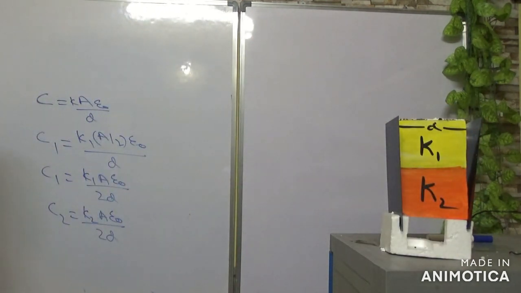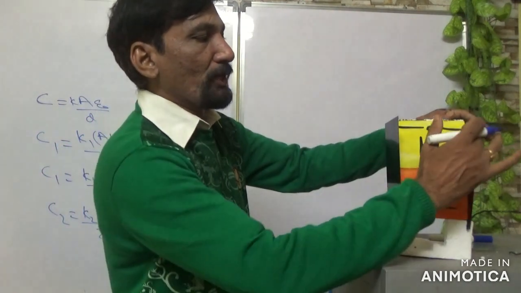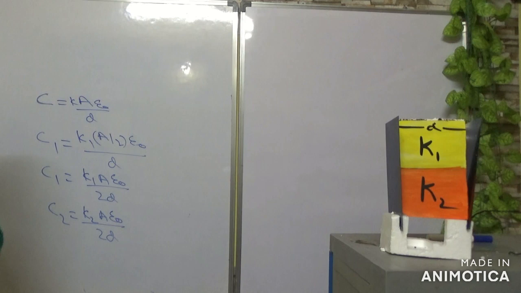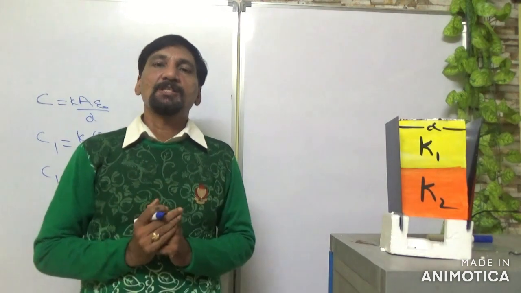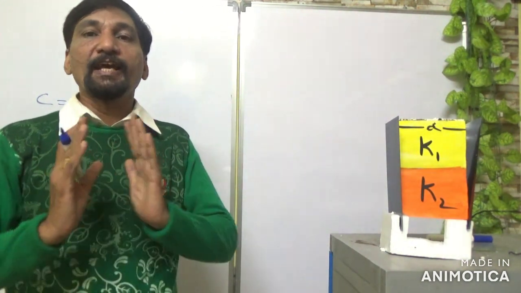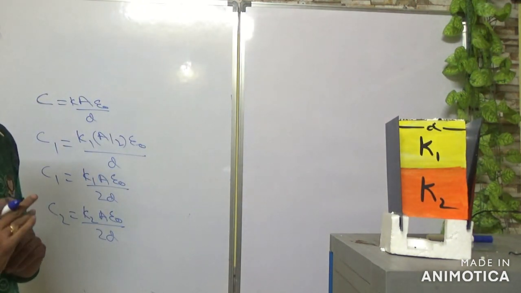Now you want to find the effective capacitance. If you notice, the end points of the dielectrics are the same now. So you can say they are in parallel combination. Remember one valuable, important point while solving problems: whenever the end points of capacitors are the same, they are said to be connected in parallel combination.